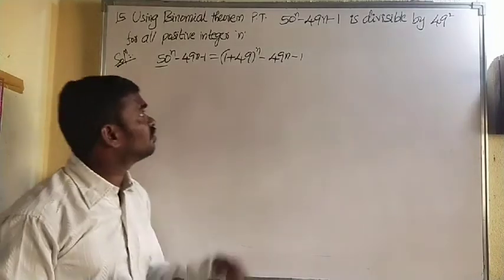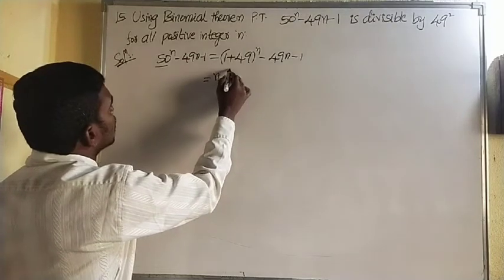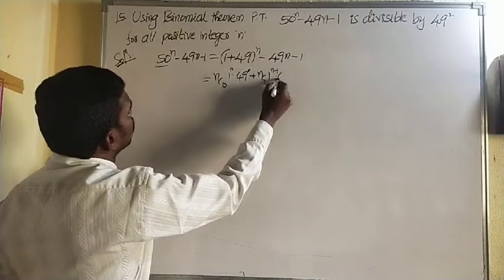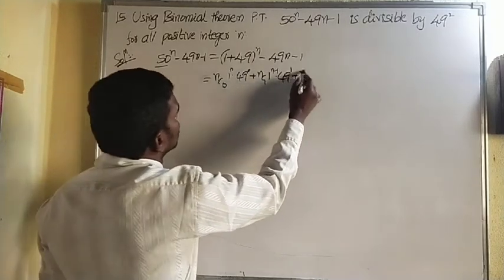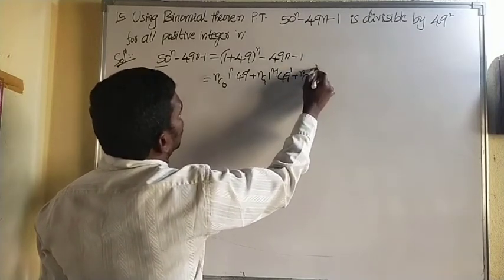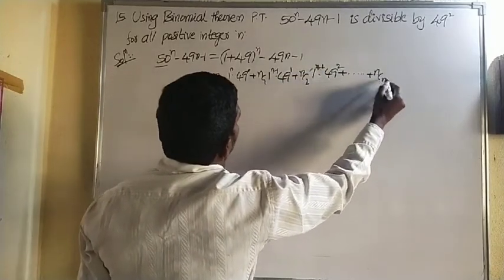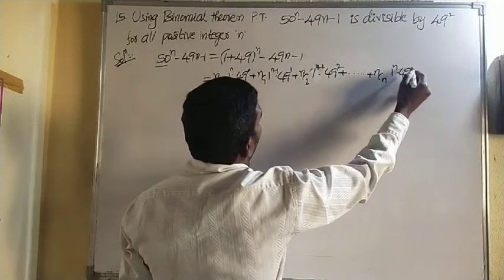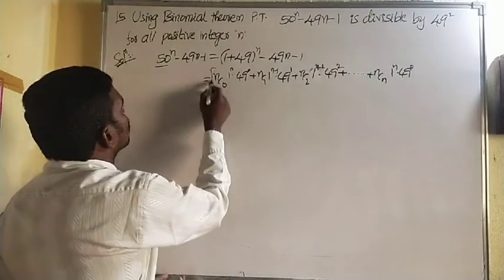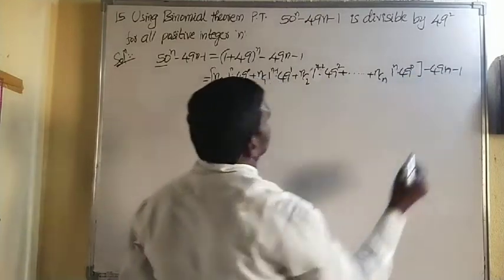So, it is NC0 1 power n into 49 power 0 plus NC1 1 power n minus 1 into 49 power 1 plus NC2 1 power n minus 2 into 49 power 2 plus so on, finally NCn 1 power 0 into 49 power n, minus 49n minus 1 as it is.